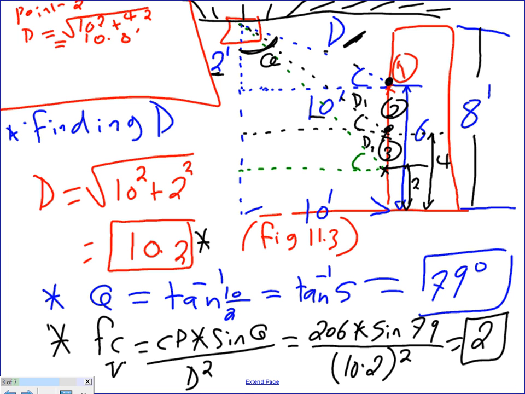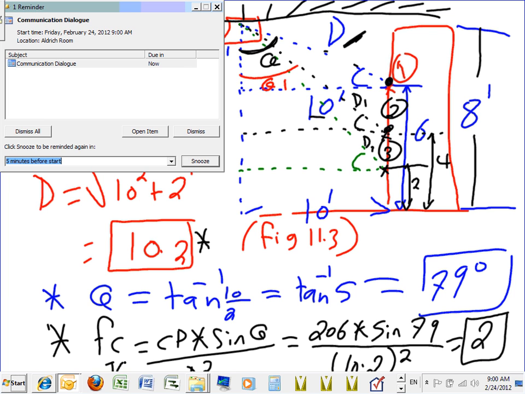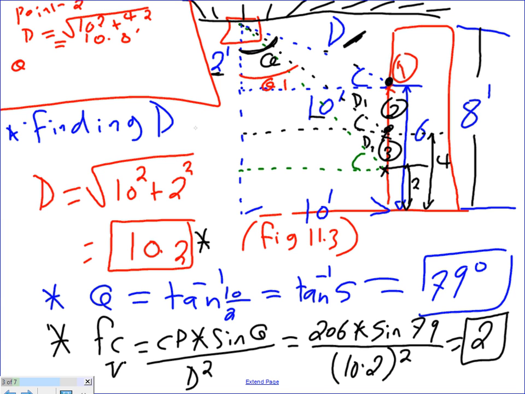Okay, let's find the angle. Let's call this angle right here Q1. Q1 equals tan inverse, opposite over adjacent, tan inverse 10 over 4, which is 2.5.